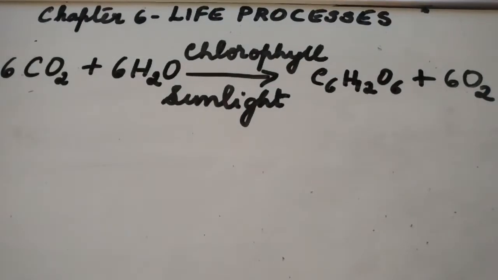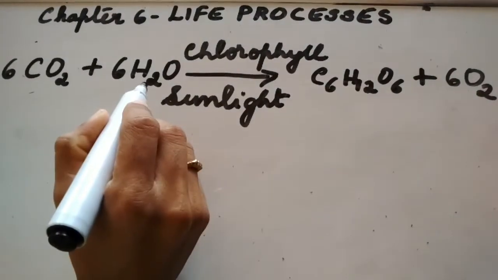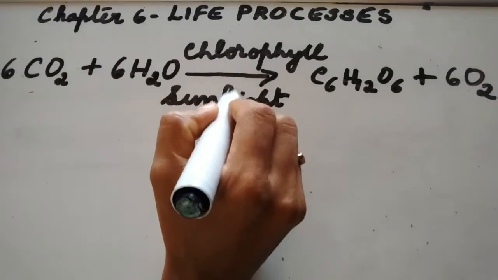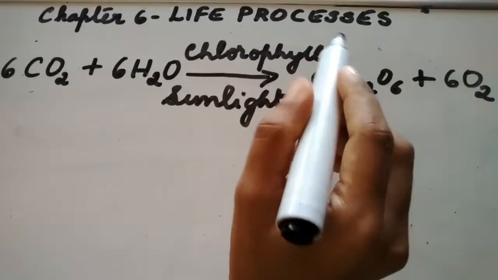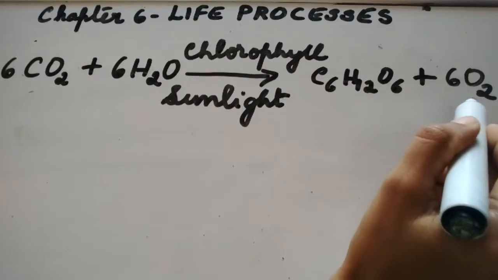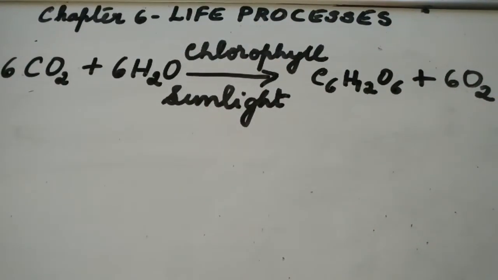Plants use carbon dioxide and water in the presence of sunlight and chlorophyll to form carbohydrates and release oxygen. This is photosynthesis. Let us see what actually happens during the process of photosynthesis.